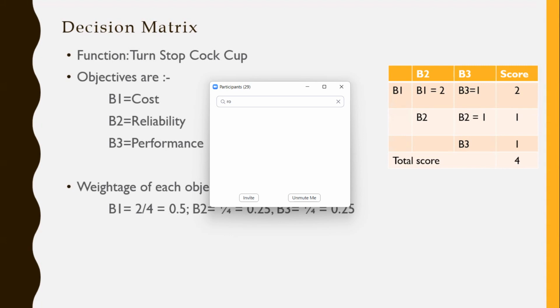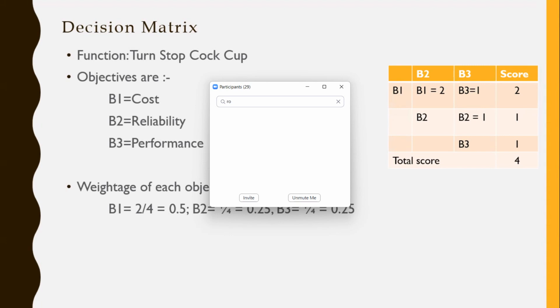There are 3 performance measures or criteria: cost, reliability, performance, right? B1, B2, B3, and these parameters are evaluated. Cost is compared with the reliability and performance, and the score is 2. And then reliability is compared with the performance, and the score is 1, right?